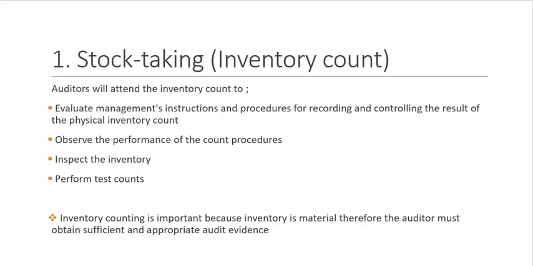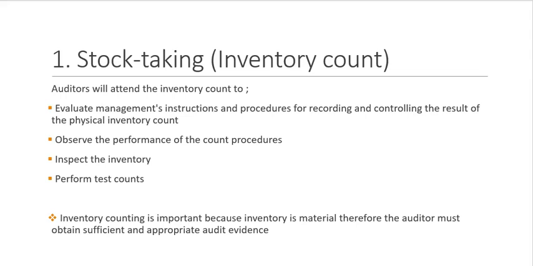The second reason is you need to observe the performance of the count procedures. So how are people performing? Are they performing better or worse? And also you need to inspect the inventory. Is the inventory available? And you also need to perform test counts.